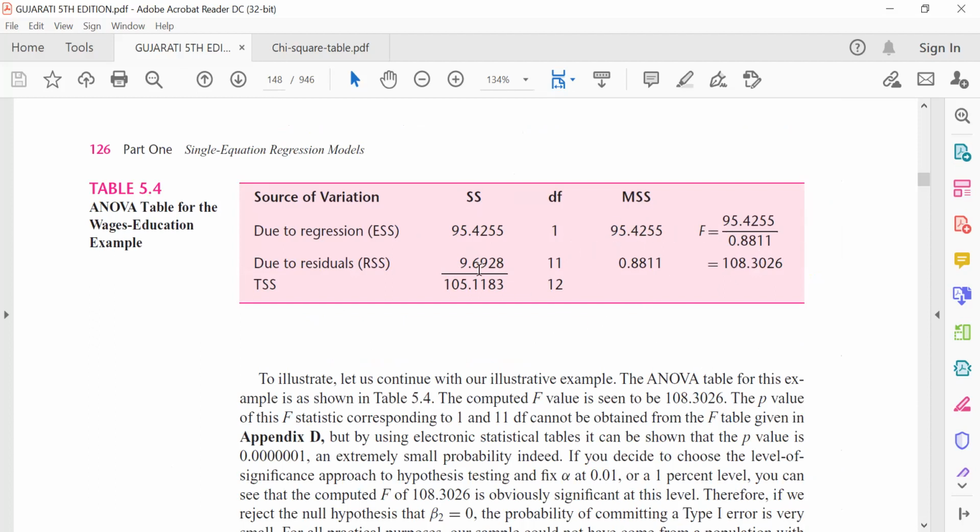Then 9.6928 divided by 11, we get 0.8811. Then 95.4255 over 0.8811, we get 108 for the calculated F value.